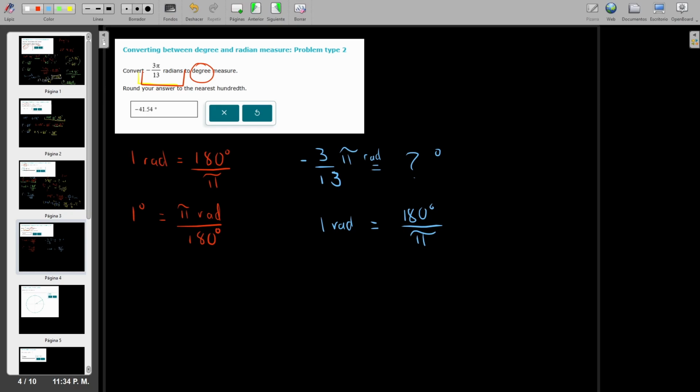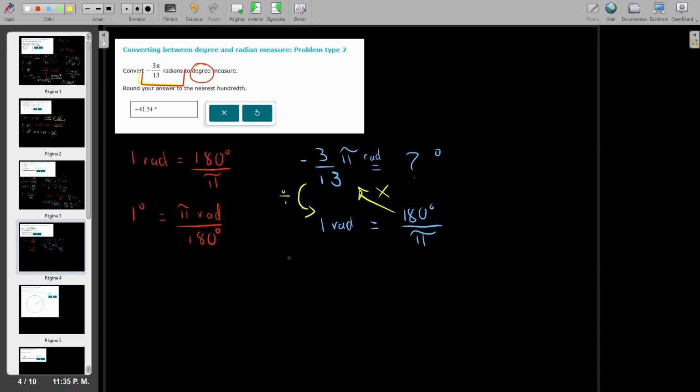You always need to put radian over another radian on one side, and degrees and degrees on the other side. Now we're going to do again the multiplication and the division. Remember, the multiplication is in diagonal, and the division is over the value above.